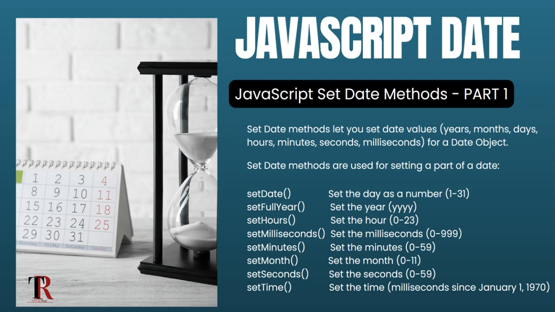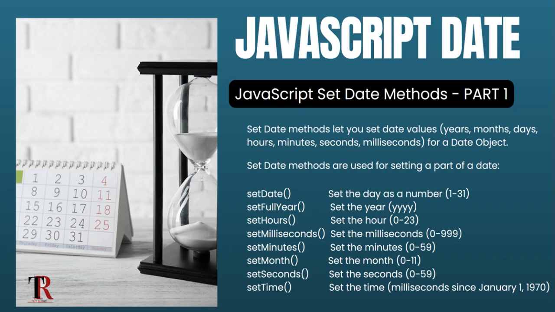Then the next method is setFullYear. Just as the name implies, setFullYear is used to set the year. The setHours is used to set the hour. The setMilliseconds is used to set the milliseconds. The setMinutes is used to set the minutes. The setMonth is used to set the month.